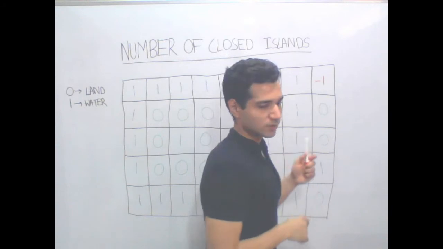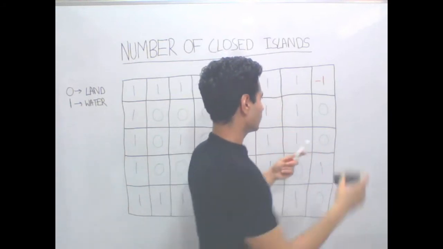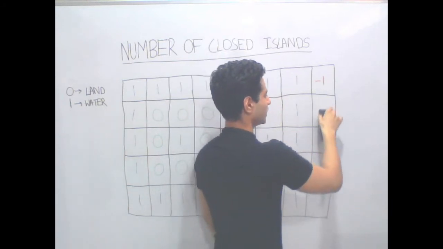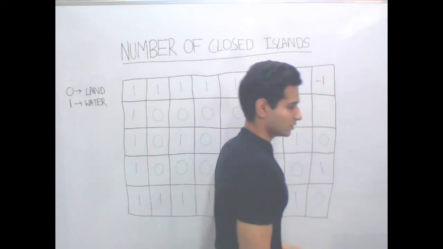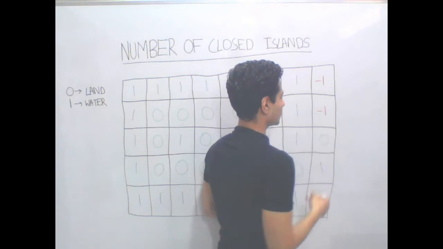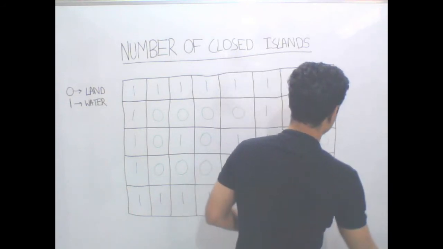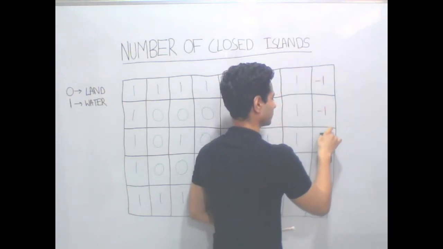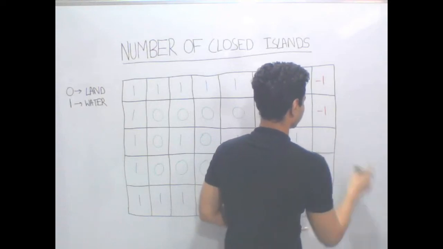So we have visited this node. Then we will again go down to its neighbors which have land, that is a 0 element. We will mark this again as -1 and the next one also as -1.